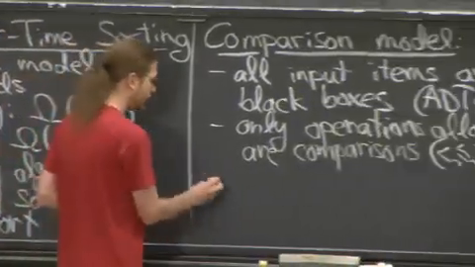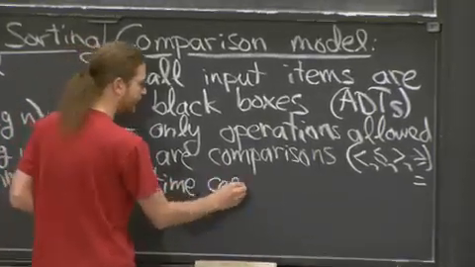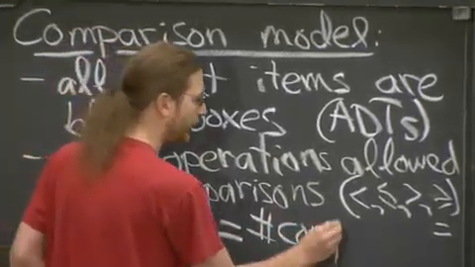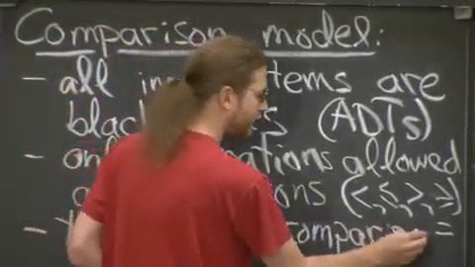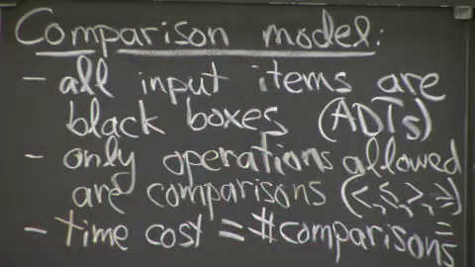I should also define the cost of an algorithm. Time cost is just going to be the number of comparisons. This is the weird part, I guess, of the model. In everything we've done so far, we've been in pointer machine or RAM, either way.